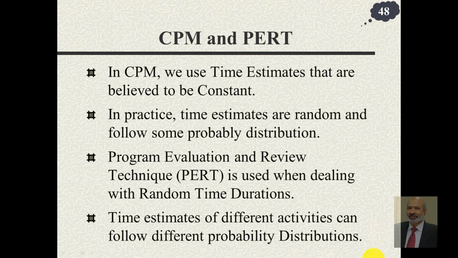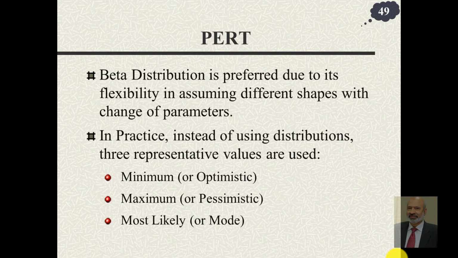The time estimates of different activities can follow different probability distributions. Different distributions mean you can have normal distribution for one activity, exponential distribution, gamma distribution or log normal distribution for different activities. One distribution that people mostly use is the beta distribution.